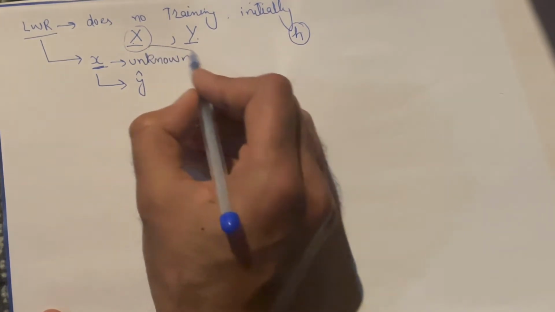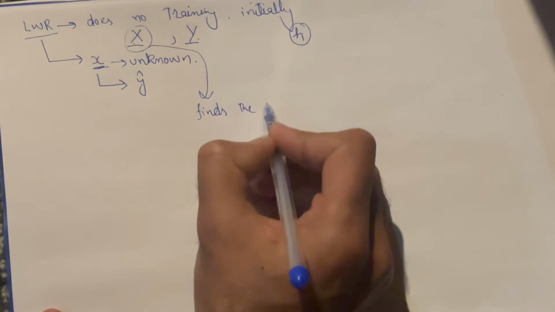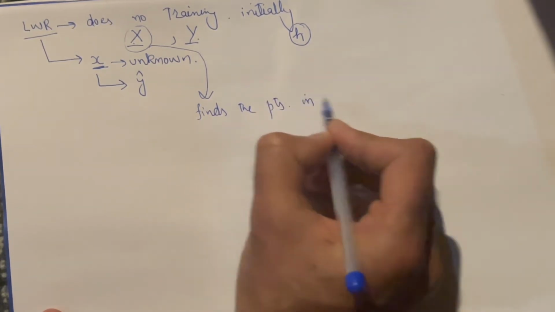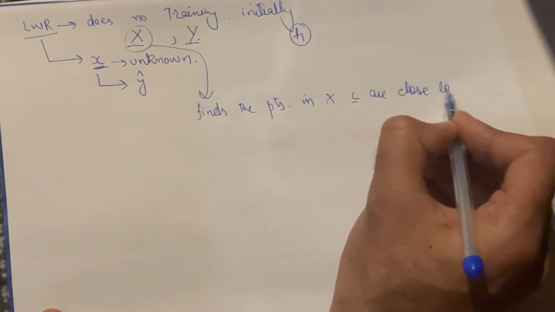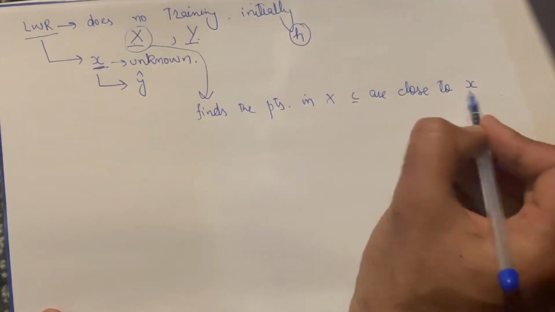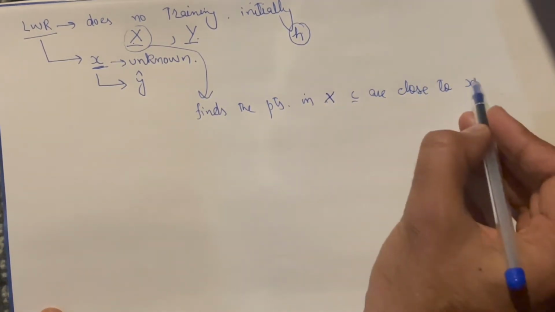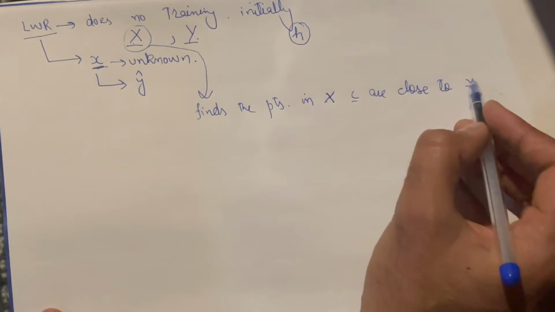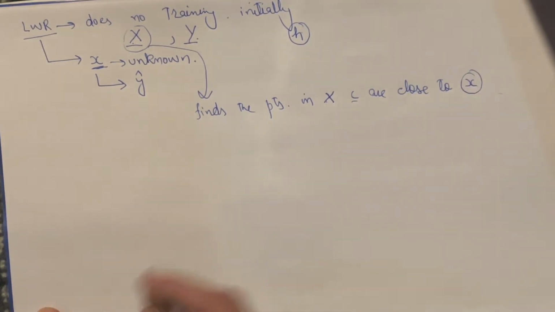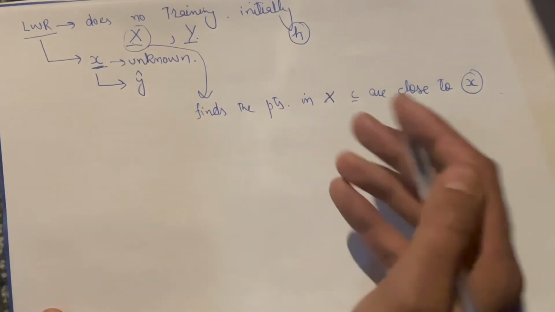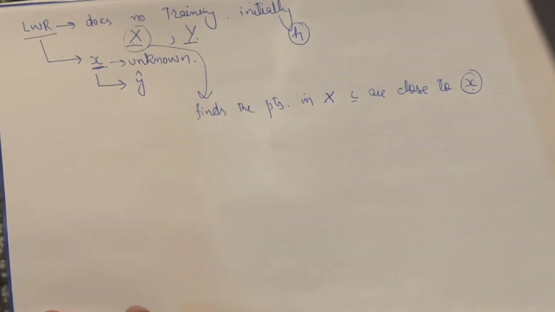Now it finds the points in x which are close to this small x, where small x means our unknown data point. Close to x means that it will make a prediction for this x based on those points, and for the other points which are far from x, it will neglect them.